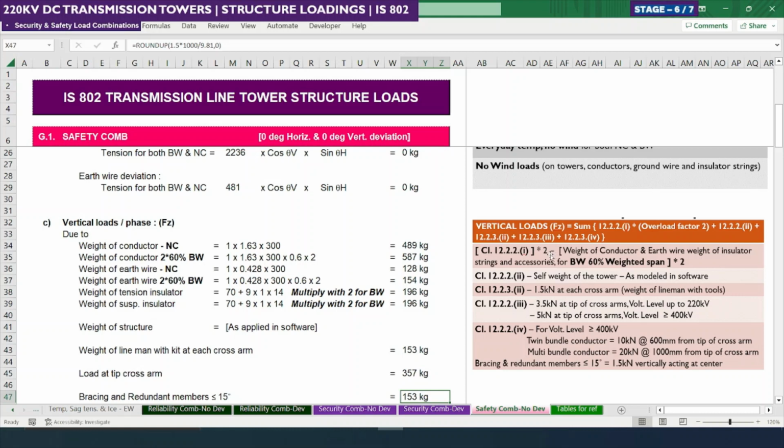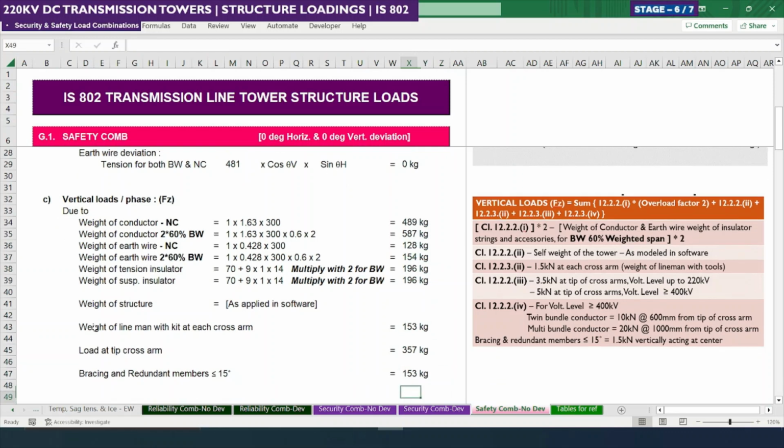In that, the first clause we need to multiply by 2. For the normal condition we can consider the same as the weight of conductor, and in the broken wire condition we multiply by 0.6, as we need to consider the weighted span as 60%, and multiply with 2 as per this clause. A similar case we apply for the broken wire condition also, so we get these values. The remaining tension insulator, suspension insulator and weight of structure remain the same.